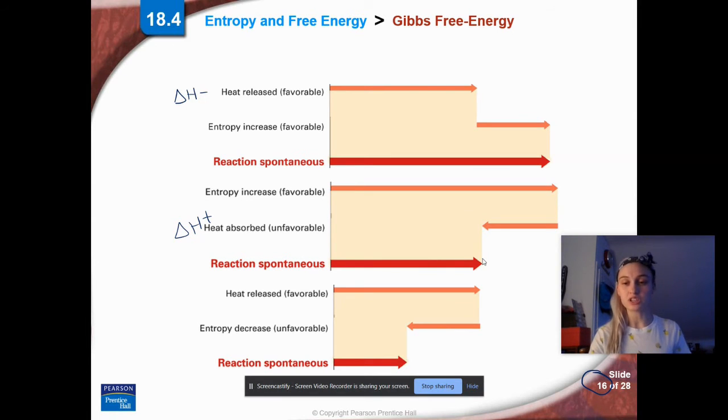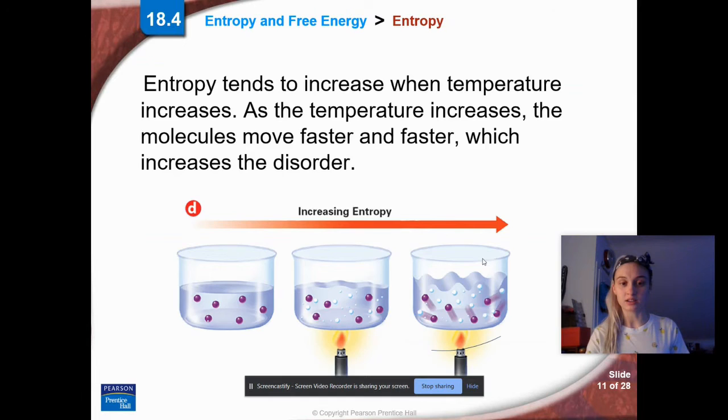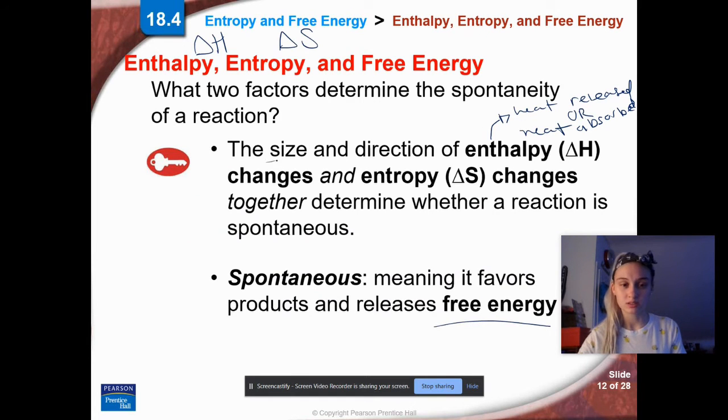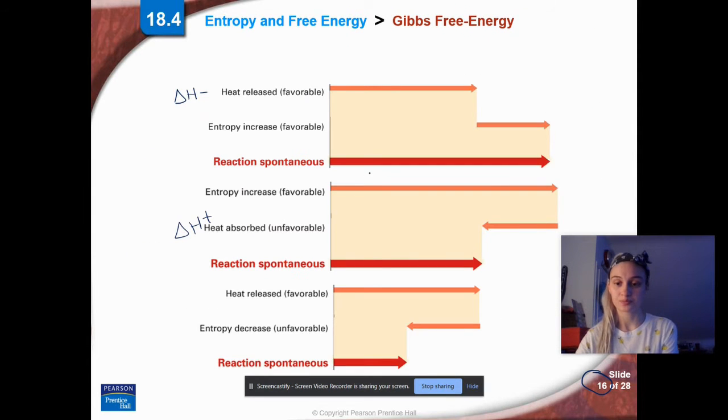Do you see what it means by size and direction? Whether we're gaining or releasing heat affects it, and how much, and then the change in entropy and how much. That's the size of the arrows in this slide.